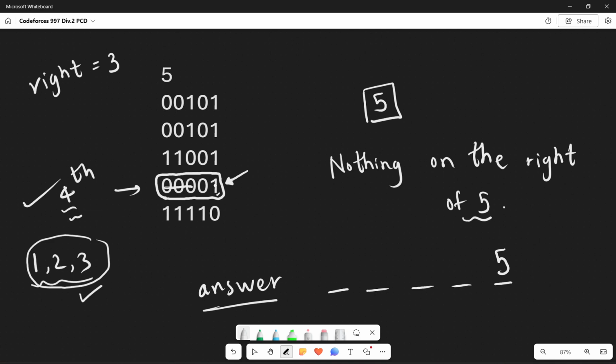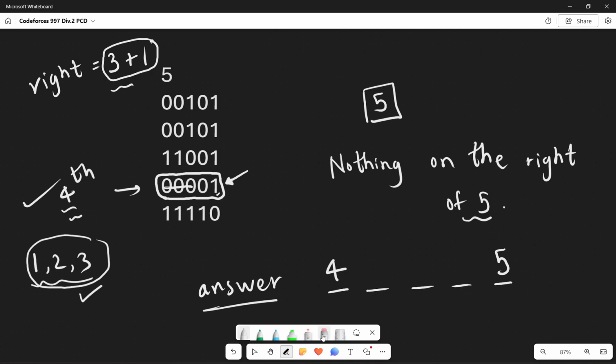So cumulatively, to the right of 4 there are 4 elements, so 4 must be here. Makes sense? Yes, absolutely does.